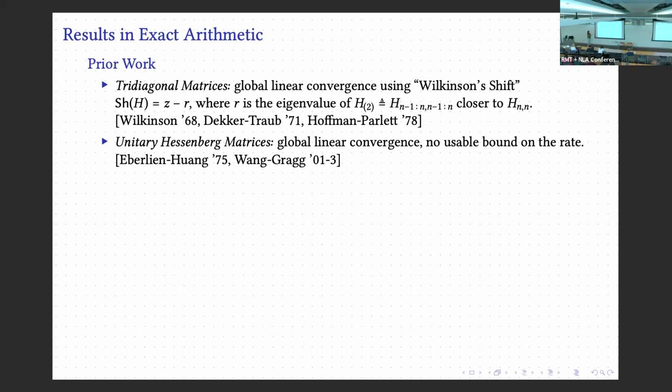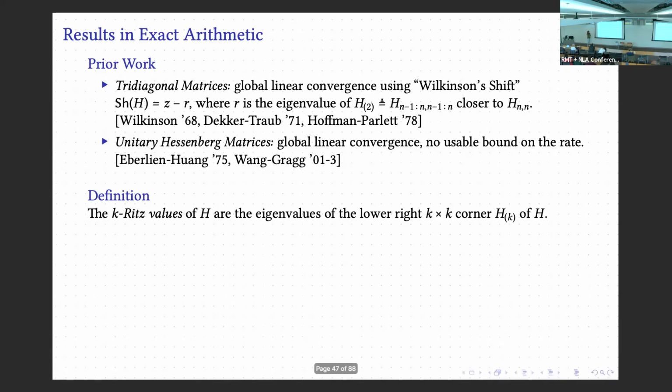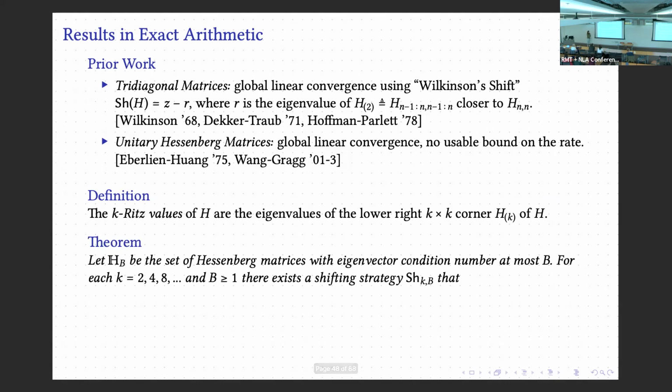And especially not for some broad class of non-normal or non-Hermitian matrices. So to state the result that I'm going to tell you a bit about, we have to go to this notion of Ritz values of a matrix. These are just the eigenvalues of the lower right corner of H, like we used up here. And here's the theorem that we showed in some of this work.